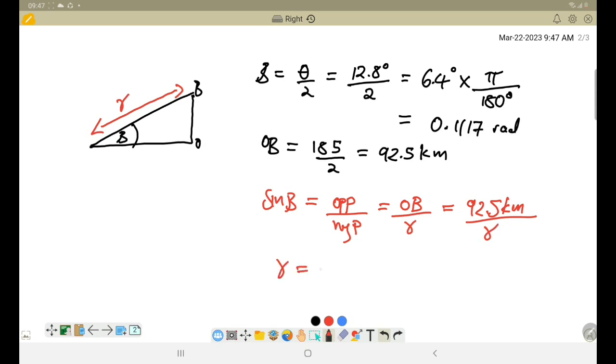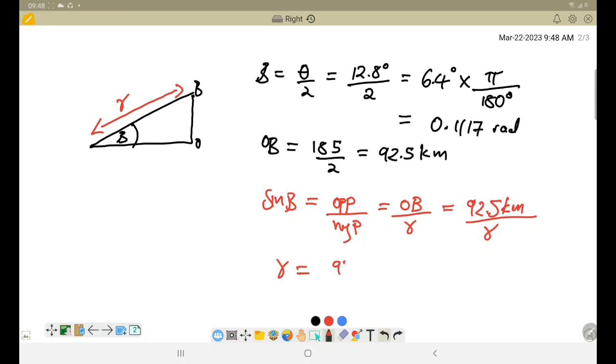Then R will be, because we want to find R, we have to divide by sine beta instead.